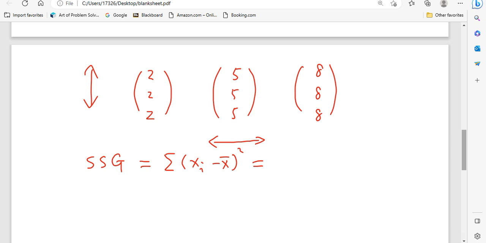So 2 minus 5 squared plus 2 minus 5 squared, and we have 3 of them, so 3 times (2 minus 5) squared. Then plus 5 minus 5, and we have 3 of them, 5 minus 5 is 0, right?